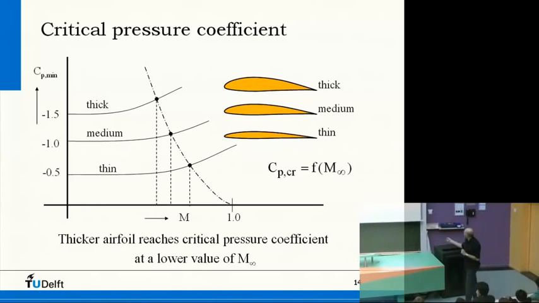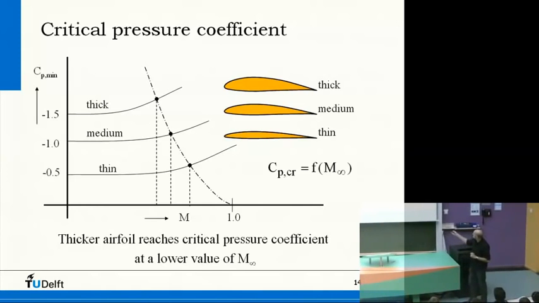Here you see for a thin airfoil, somewhere the lowest CP is minus 0.5, somewhere here on the thickest point. So if you would increase the Mach number, then this would be the CP. If you have a medium thick airfoil, say 9%, 10%, and this would be something like 14 or 15, and this would be 17 or 18, right? And the moment you make it thicker, then also the CP goes up.